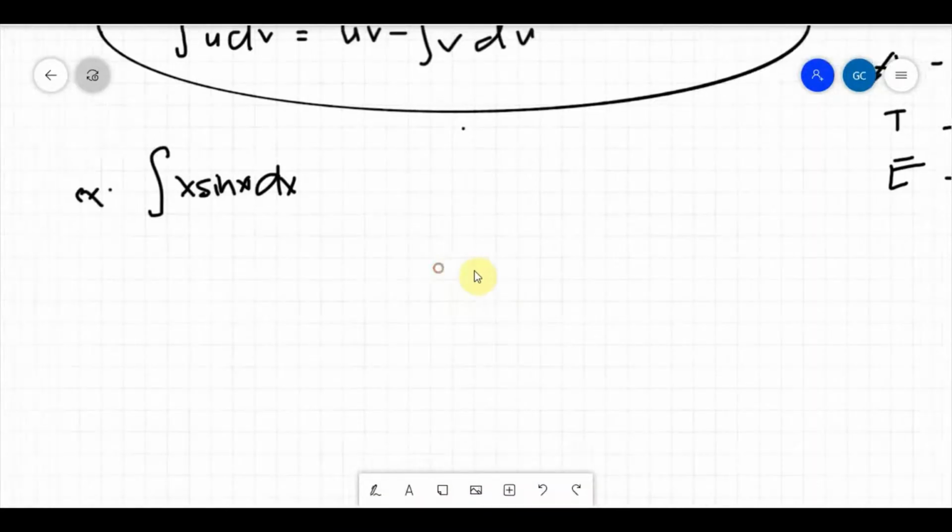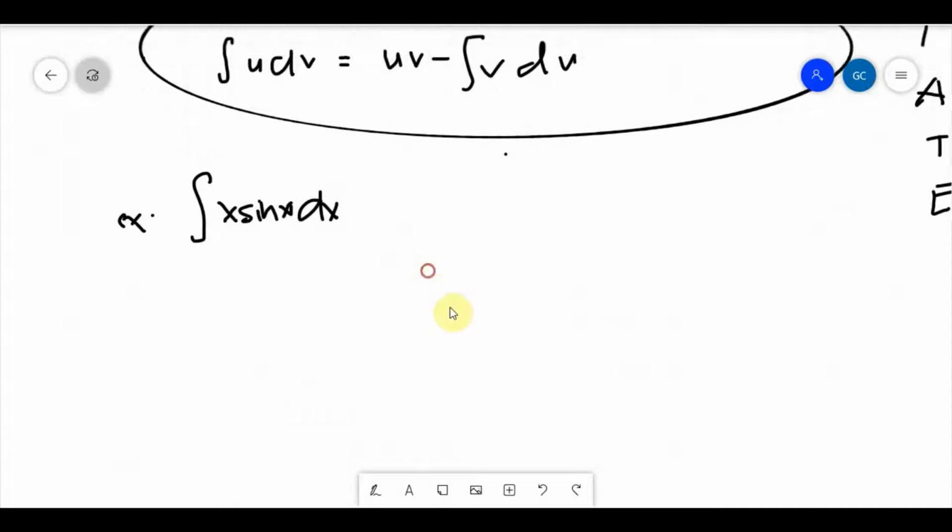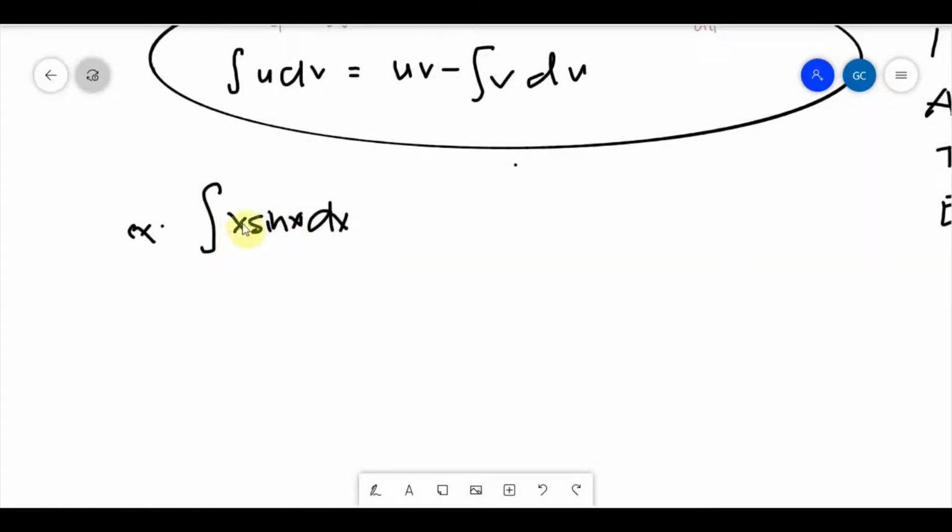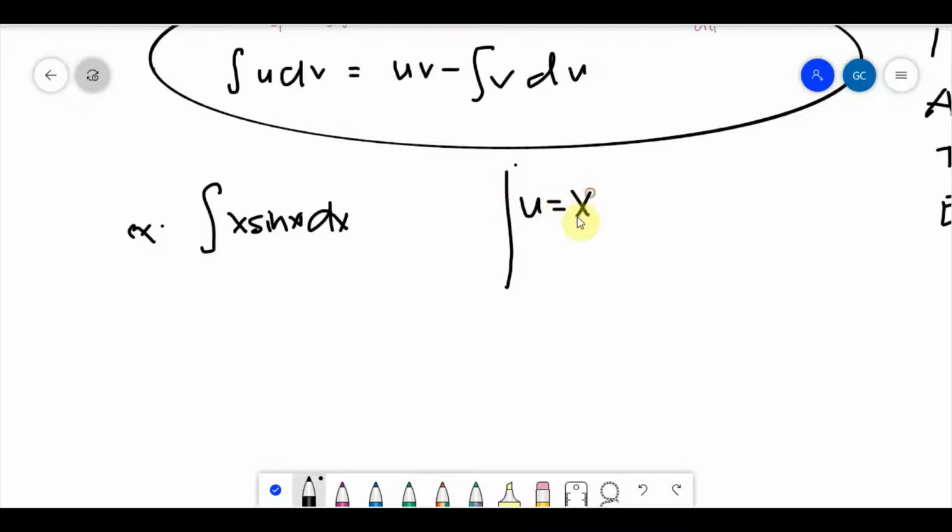Now, for this problem, what could be our u? Now, x is algebraic and sine x is just trigonometric. So our u is simply x. Now our dv is sine x dx.